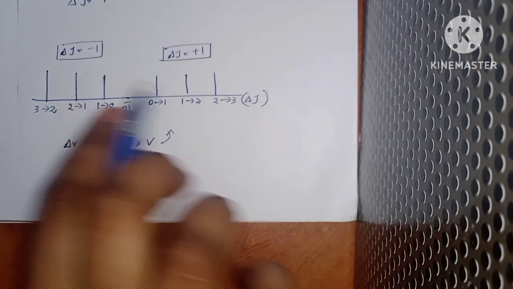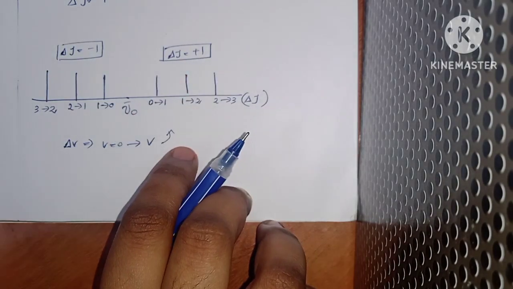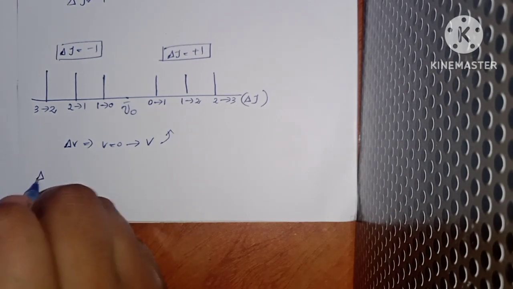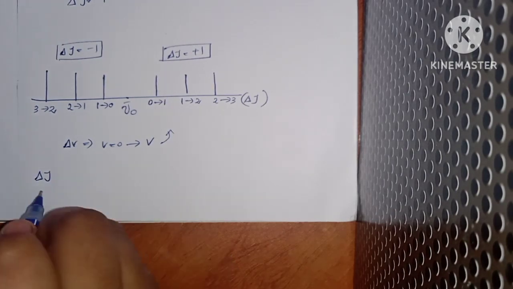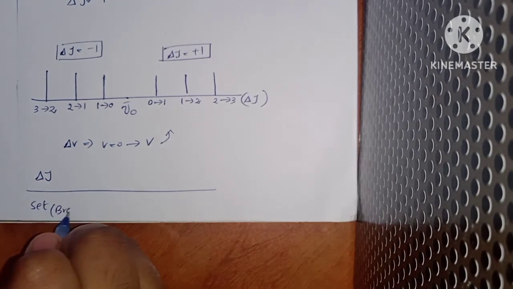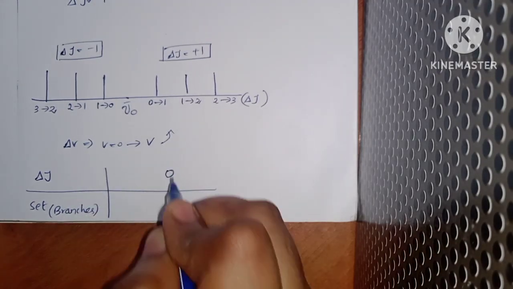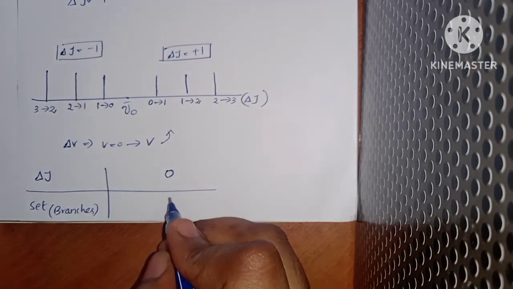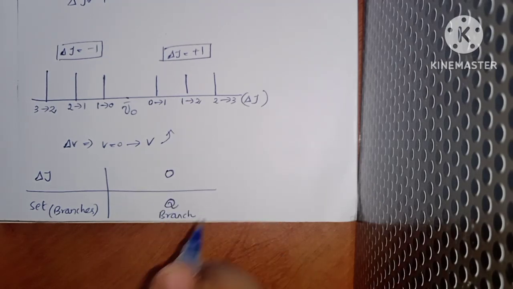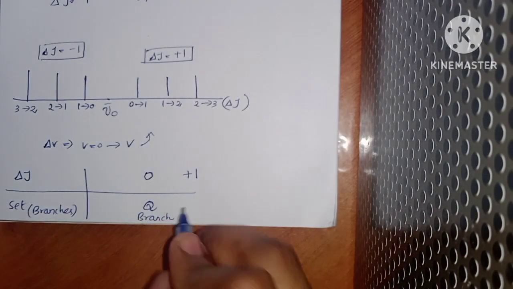So to distinguish these sets with different delta J values, we can express them in terms of some English letters. That means for different delta J values, let's represent the sets with names of branches. If delta J is equal to 0, that set is known as Q branch. If the transition is with delta J equal to plus 1, that set is known as R branch.